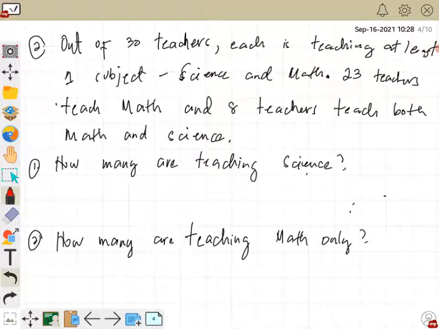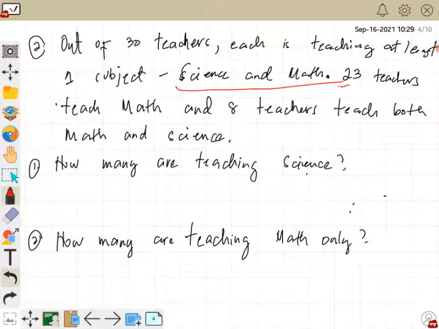Next, problem number 2. Out of 30 teachers, each is teaching at least one subject. So some teachers are teaching either math only, science only, or there are some teachers out of the 30 teachers teaching both science and math.